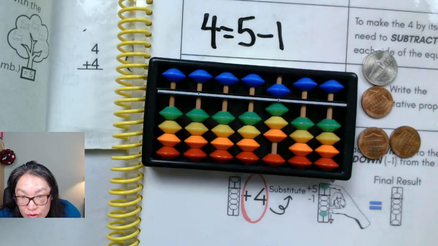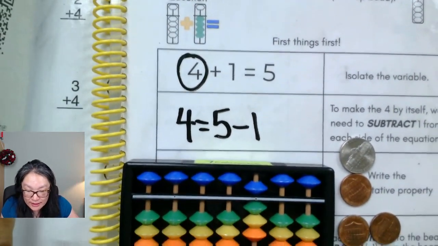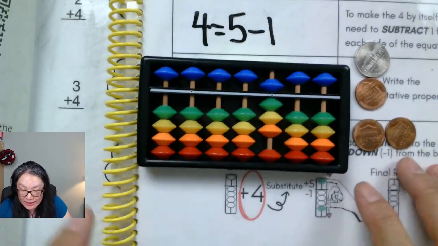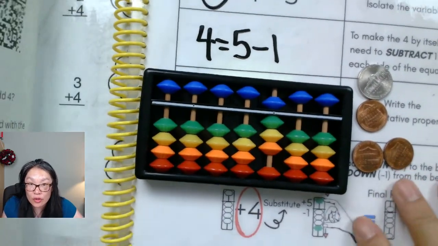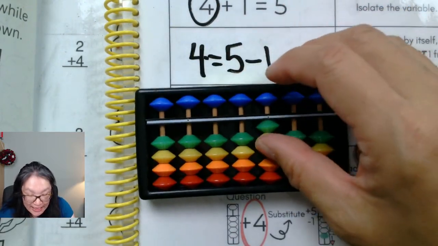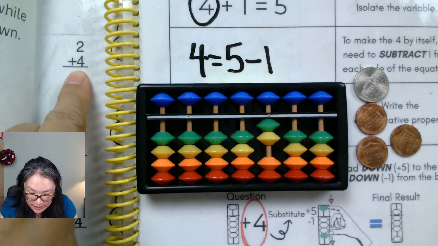So now what we're doing is we are learning how to calculate while using the abacus, if that makes sense. What happens is, if I do 2, the question is, can I do it? No, I can't. So what do I do?